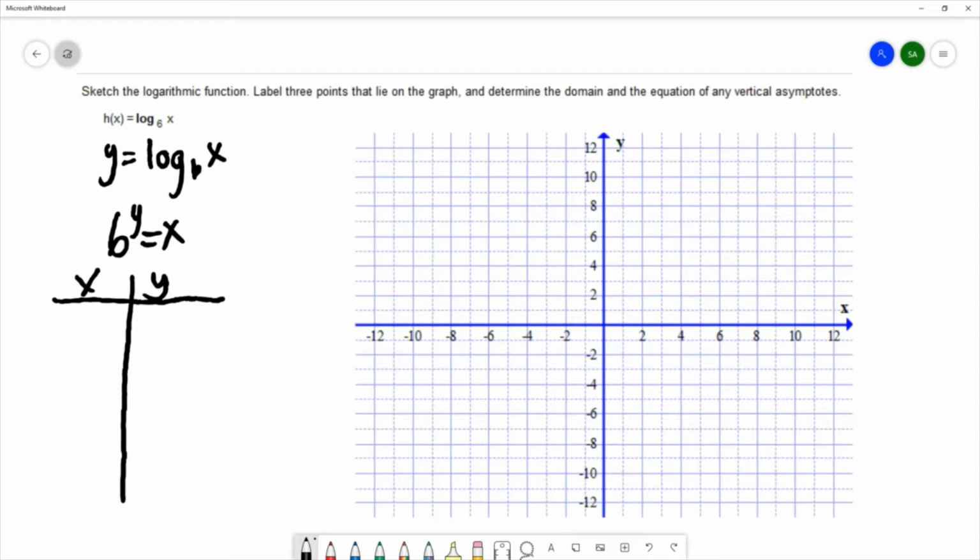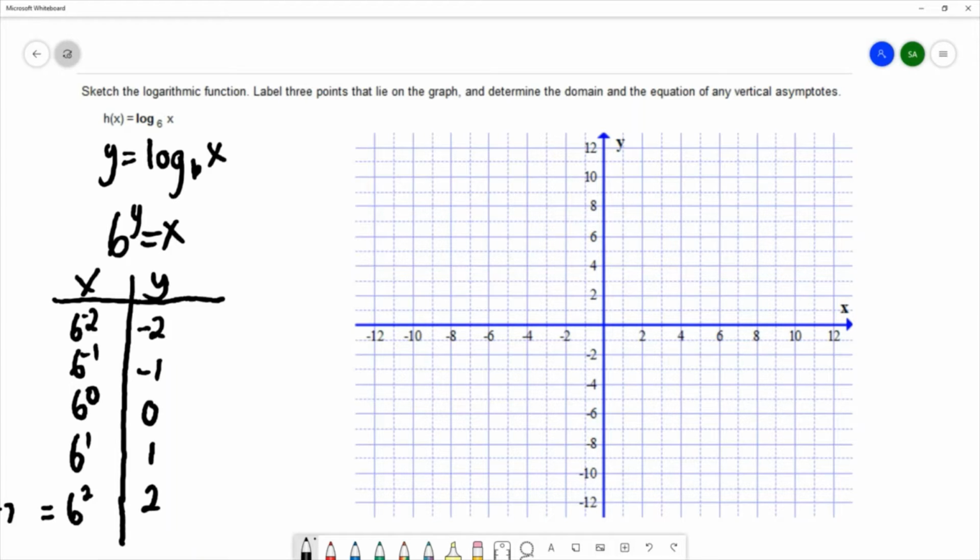So let's use -2, -1, 0, 1, and 2 as my y's. I'll substitute them into the equation. That's 6 to the -2, 6 to the -1, 6 to the 0, 6 to the 1, and 6 to the 2. We can simplify these.